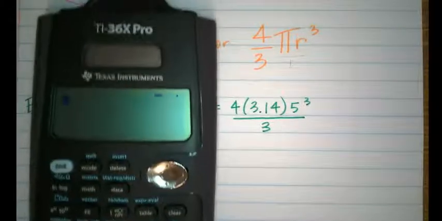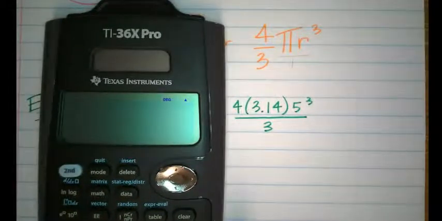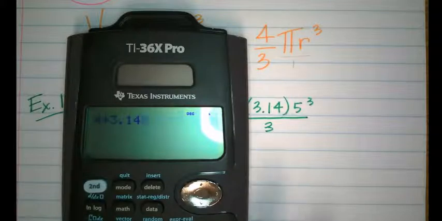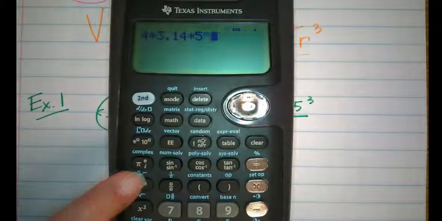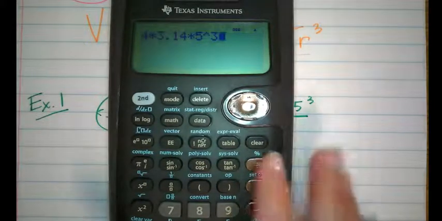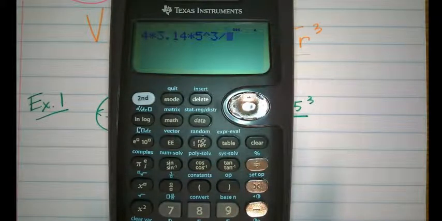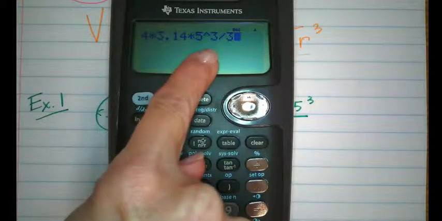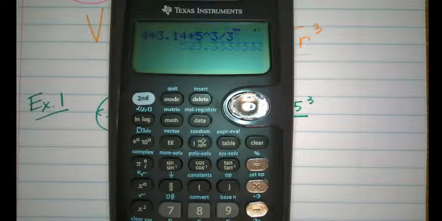So I'm going to type this in exactly how I have it written. So 4 times 3.14 times 5, and then I'm going to press this exponent button to the third, and then I'm going to divide the whole answer by 3. So I have 4 times pi times the radius to the third power, and I'm going to divide it by 3. And then when I press enter, that gives me my answer.